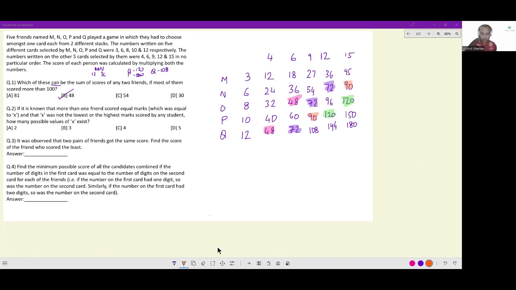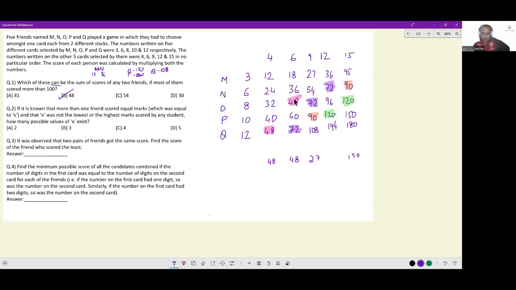Now, if 48 and 48 was common, then I need a score lower than 48. I can get 27 from here. I also need a score higher than 48. I can get 150 from here. All I'm ensuring is, once I've taken this 48, I don't take any number from this row or any number from this column.